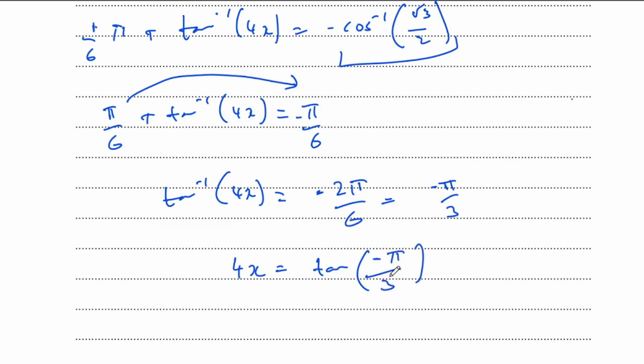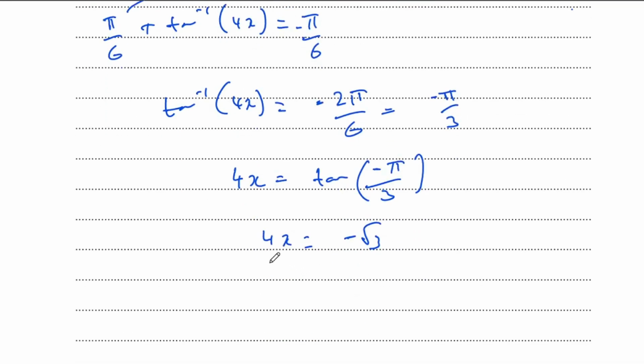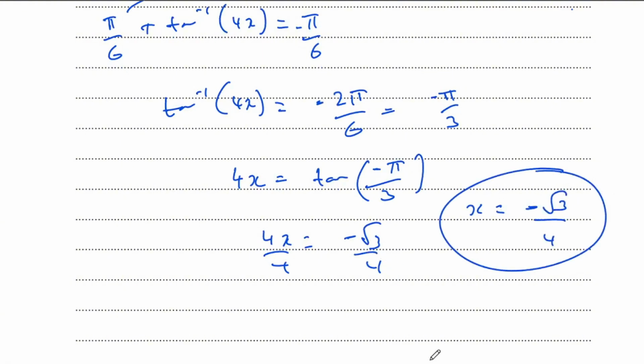So tan of negative pi over 3 will give us 4x equals negative root 3, and then over 4, over 4. So x will just equal negative root 3 over 4, and that's going to be your answer for x.